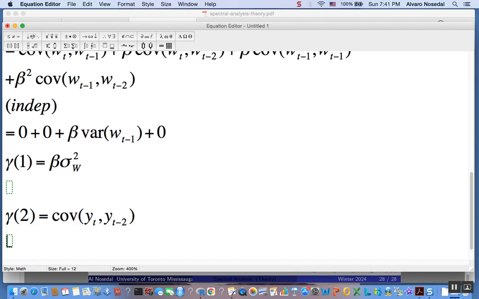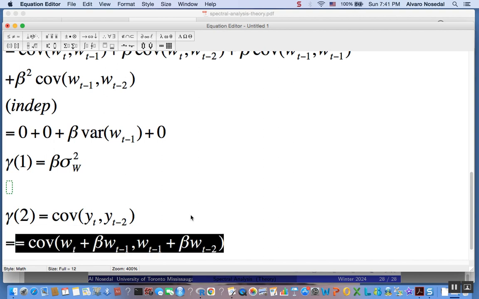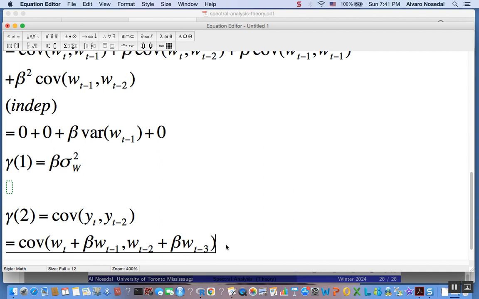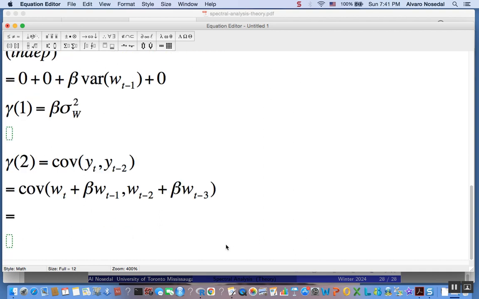And yes, let's do it on the next line. So this one doesn't change. That's just the definition of the process at time t. This one will change. This is the definition of the process at time t minus 2. You guys agree? Okay. So now let's do what we did before. It's the covariance between two linear functions of the innovations, the W's.